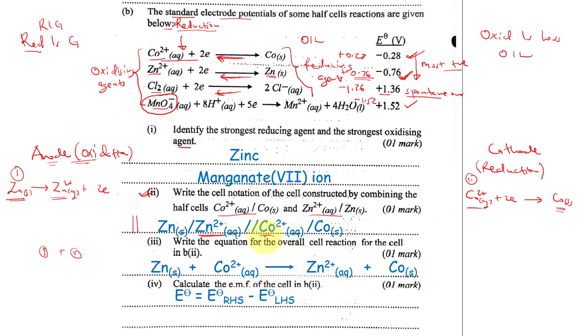So the right hand side we are having cobalt, so we shall get most positive or least negative, which is minus 0.28, then minus 0.76, and then we shall get the actual e.m.f. So even if we flipped the equation here, please don't change the sign on zinc. Maintain the signs of the reduction electrode potentials as they were given.